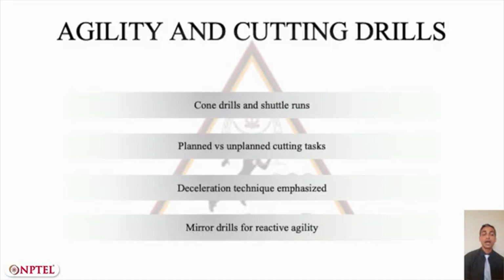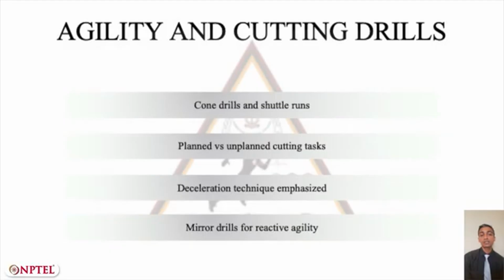Cone drills and shuttle runs build speed and control. Planned cutting drills evaluate biomechanical control in known directional changes, while unplanned cutting tasks measure reactive agility to sudden cues provided by the coach or the trainer.